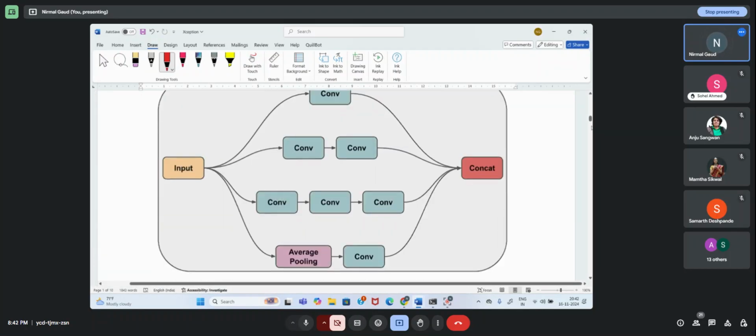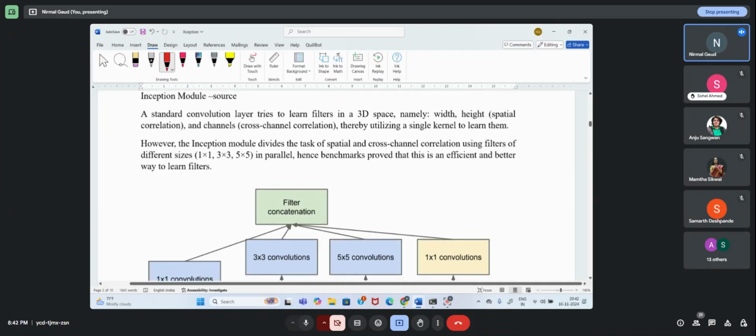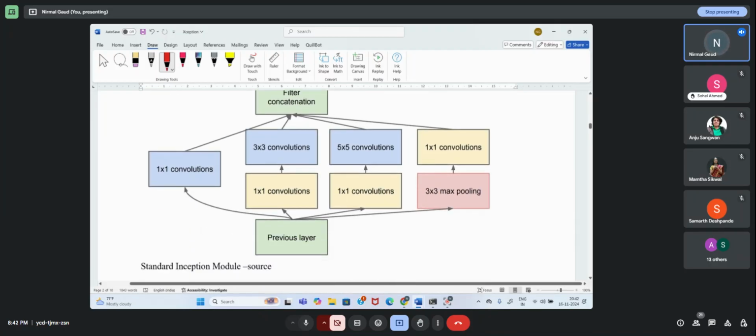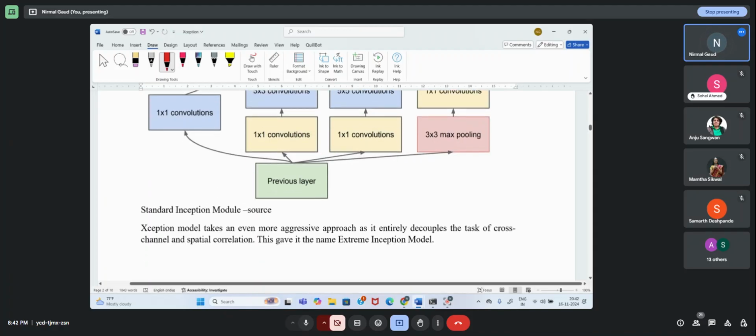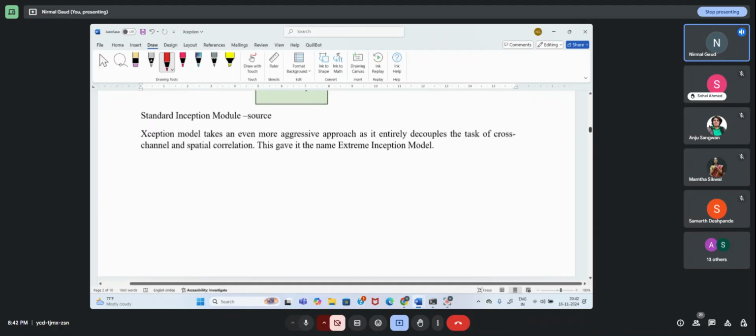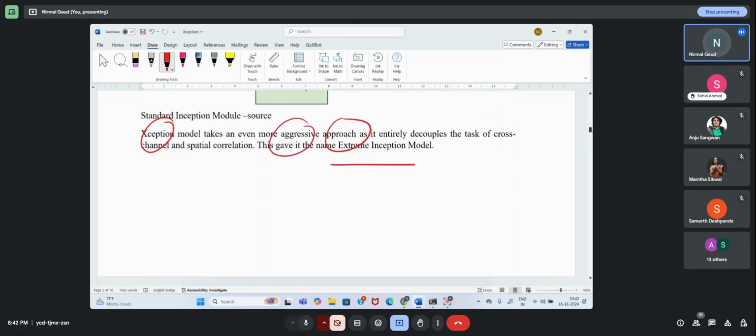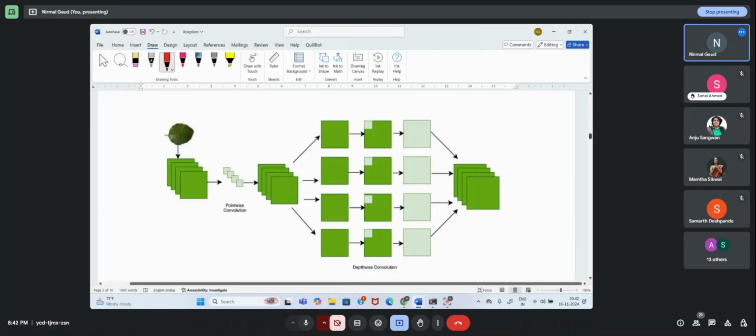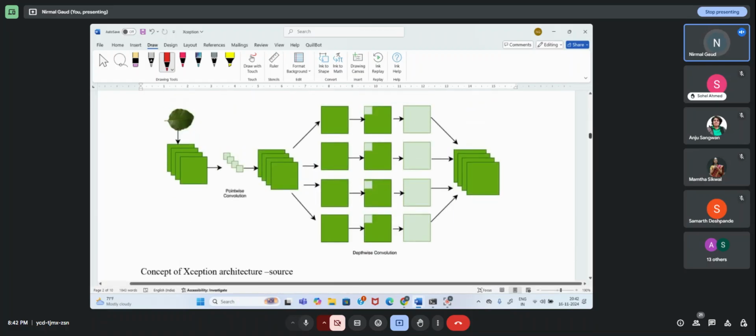Okay, fine. This is your Inception. It's a parallel arrangement of convolution layers, the blocks. This is what you used in Inception V3. We have already studied that. But Xception is more aggressive. It enhances the Inception model. You can see here, for example, I have an image of a leaf.